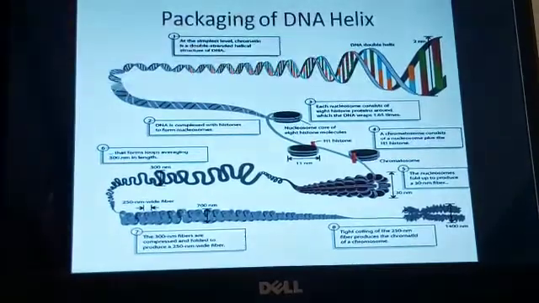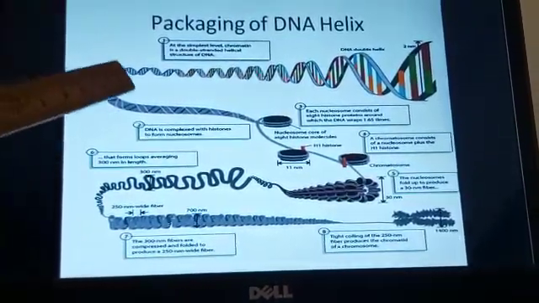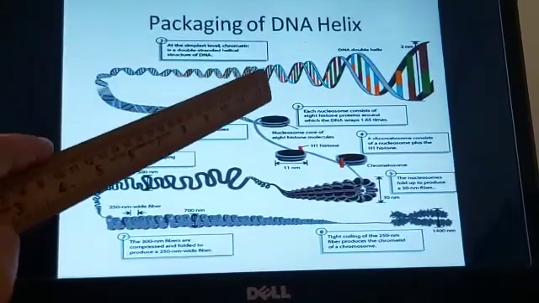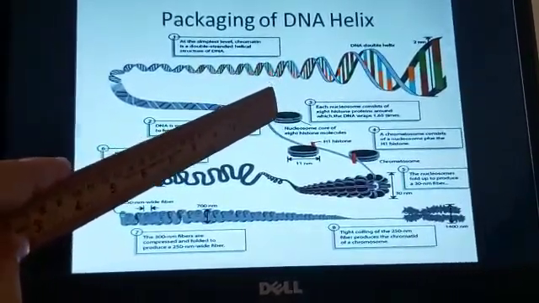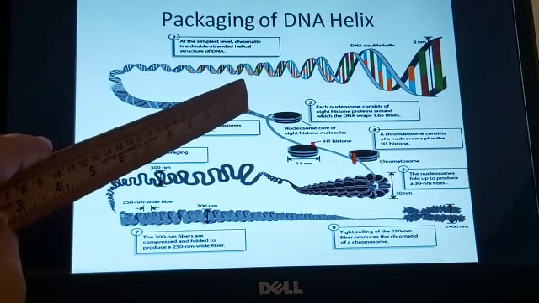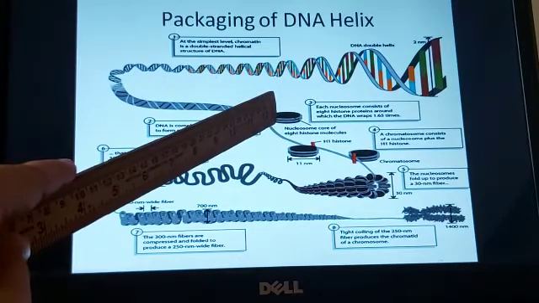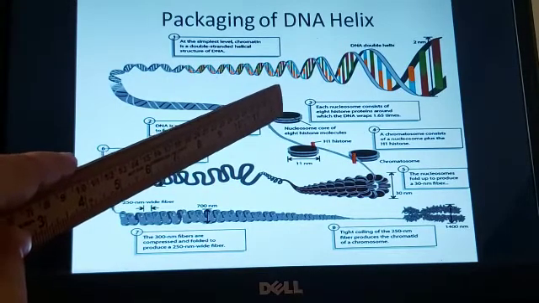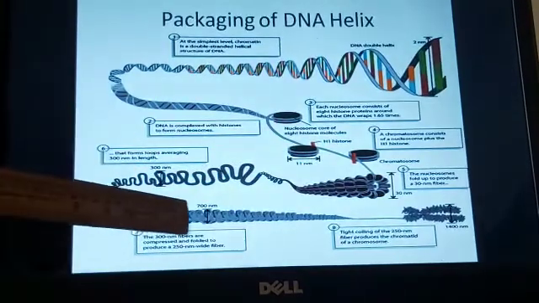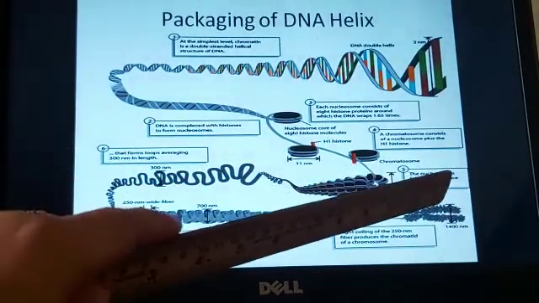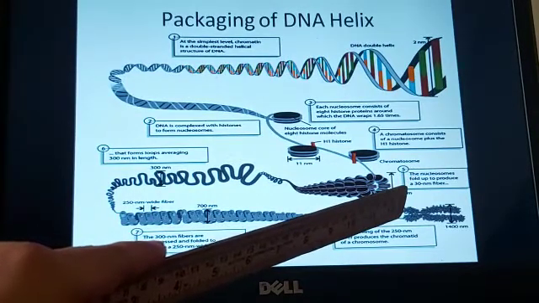So this structure of the DNA, the thread-like structure, is wound around a histone protein, and this particular structure of the DNA and the histone protein together is called nucleosome. And several nucleosomes are present, and these several nucleosomes get packed, and ultimately you can see that this structure forms the chromosome.